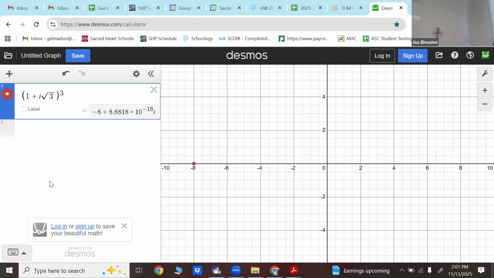Negative 8 plus 8.818 times 10 to the negative 16. Super small, right? Why is it doing that? It has a funny algorithm where it's approximating. I don't quite fully understand the algorithm. I should maybe come back to review a little bit, answer that question for Solomon. But there's a funny algorithm that's happening here. But essentially that's just 0 i. But you could do that. Totally.